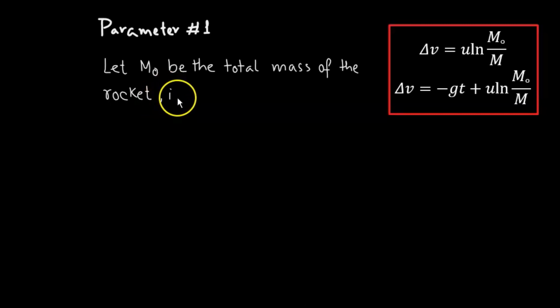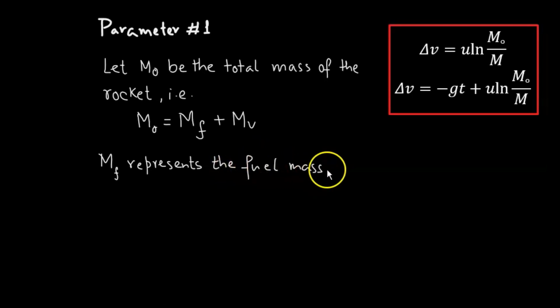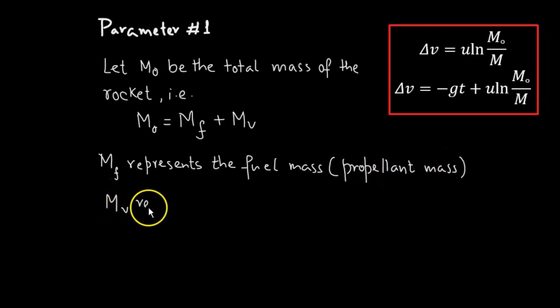That is, the total initial mass of the rocket m0 will be given by mf plus mv. Here mf represents the fuel mass, sometimes also referred to as the propellant mass, and mv represents the vehicle mass.